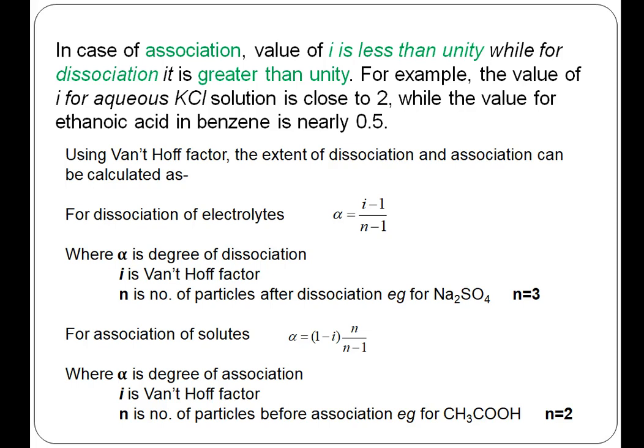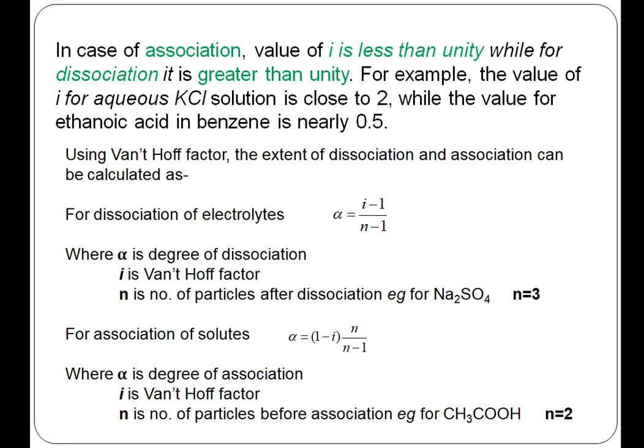With the help of the Van't Hoff factor, you can also calculate the extent of dissociation or association. The derivation of these formulae is not required, but you must remember these formulae for the sake of solving numericals.